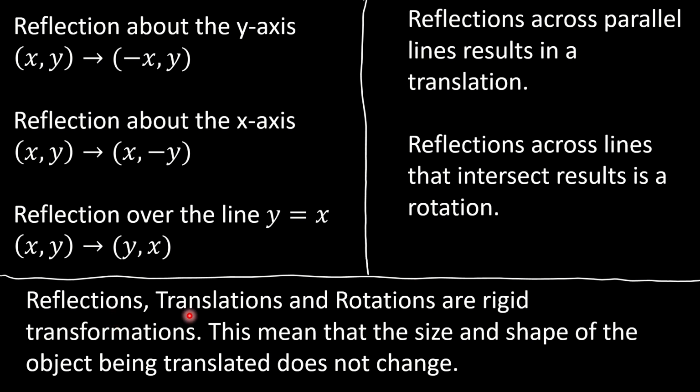If they're parallel, I get a translation. If the lines meet, I get a rotation where the point where they meet is my center of rotation. So reflections, translations, and rotations are rigid transformations, which means that the size and shape of the object being transformed does not change. Right, that's it for today.